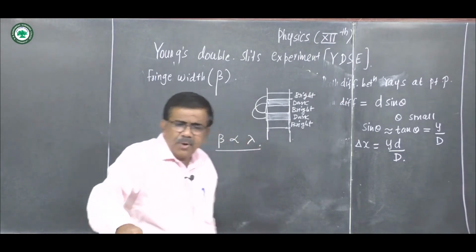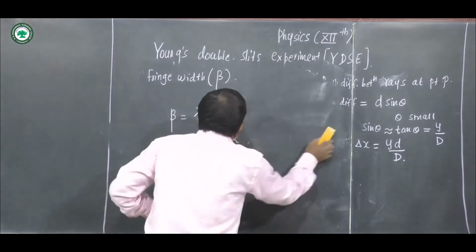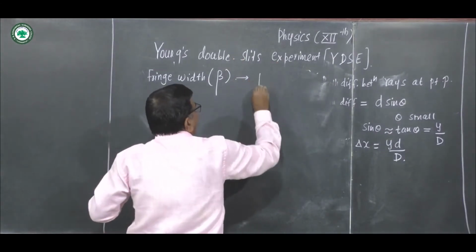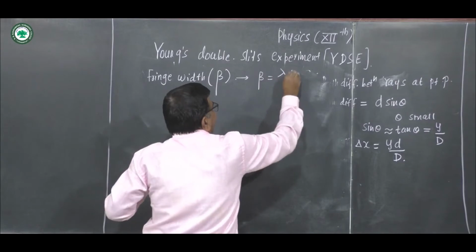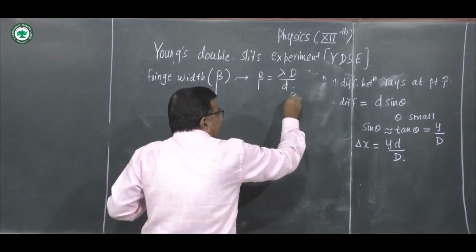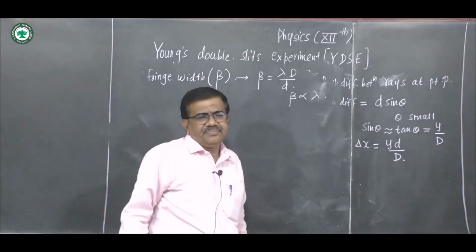Then we see some important points related to this fringe width. As beta is equal to lambda D upon d, beta is directly proportional to lambda.